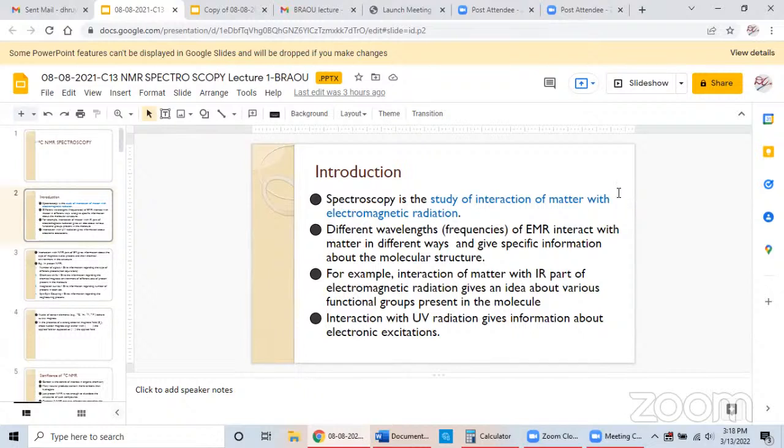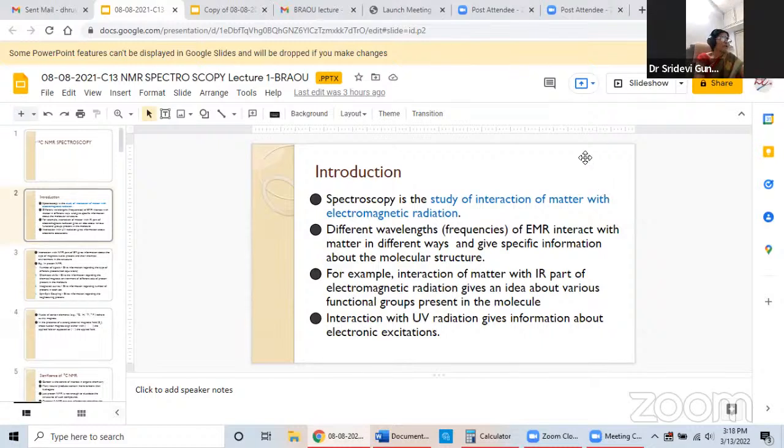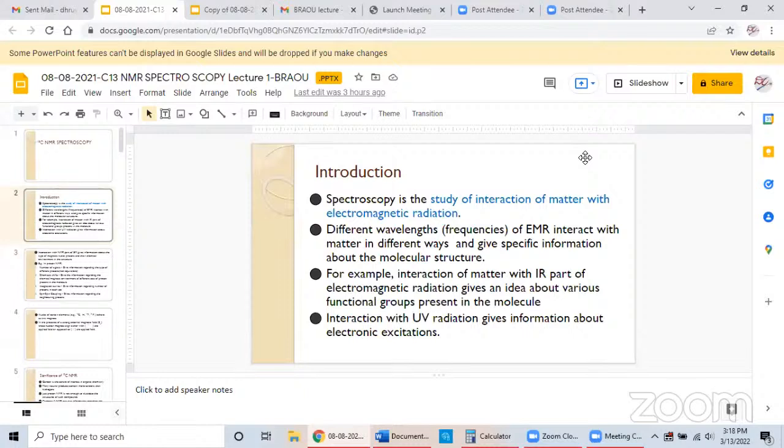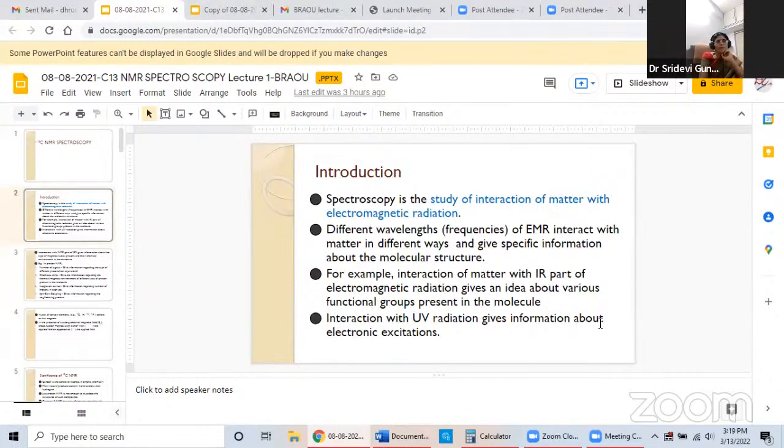Okay, let's start the lecture. Today we are going to discuss C13 NMR.